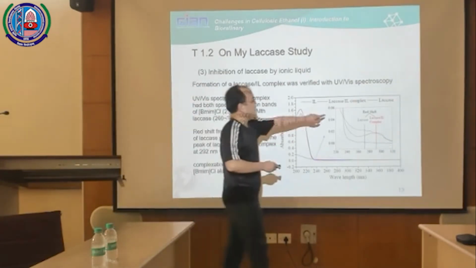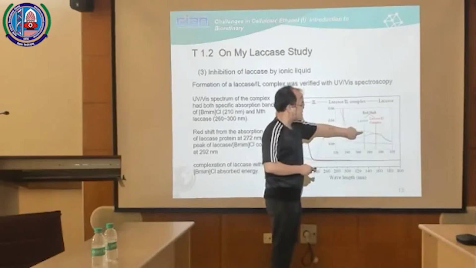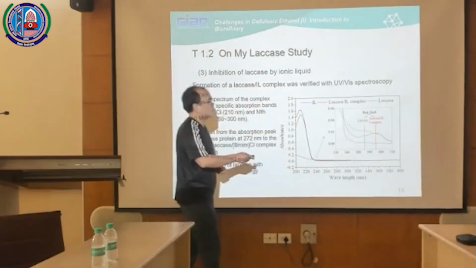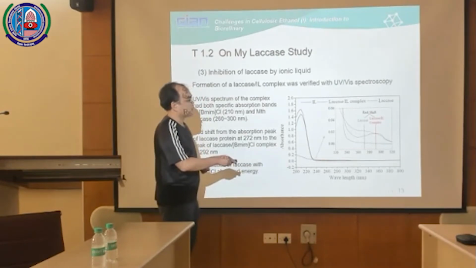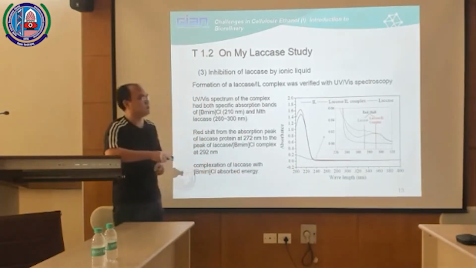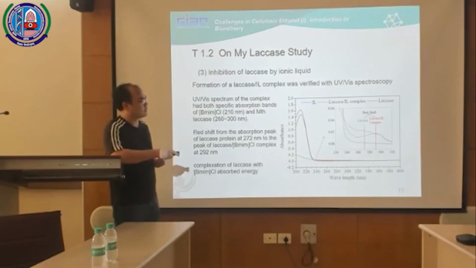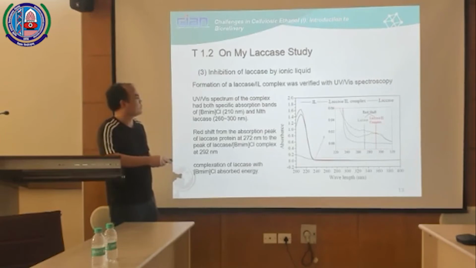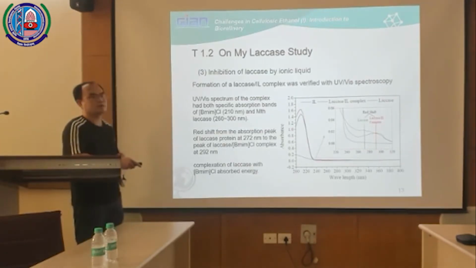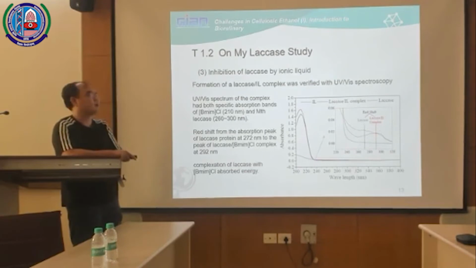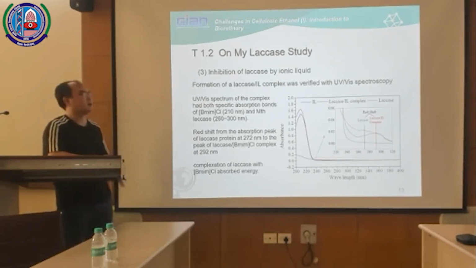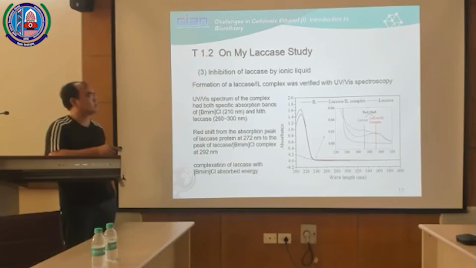They have different absorption bands, especially lactase, which has a shoulder around 270 nanometers. But if they were mixed together for a while, a complex is formed, and the peak shifts to the right. So the spectral method can help us to characterize the newly generated complex from lactase and ionic liquid.